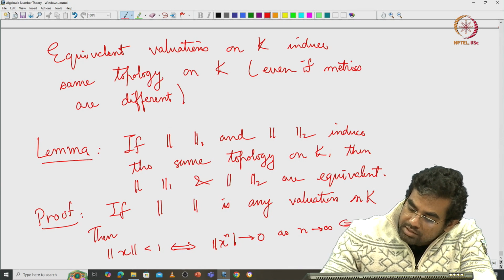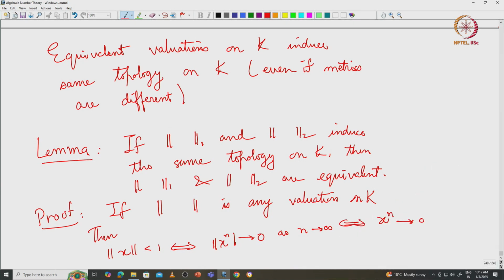This is the same as saying that x to the n goes to 0 as n goes to infinity. Okay. And this last statement depends only on the topology.